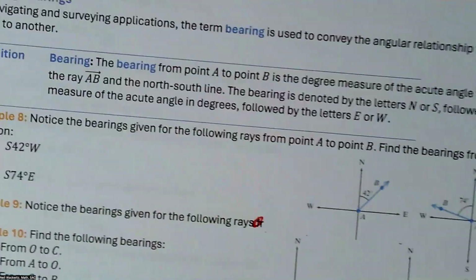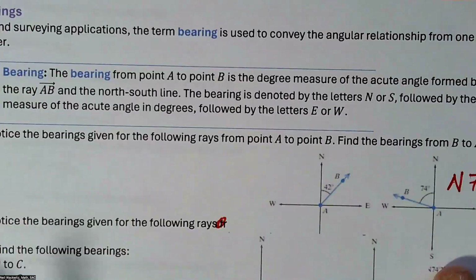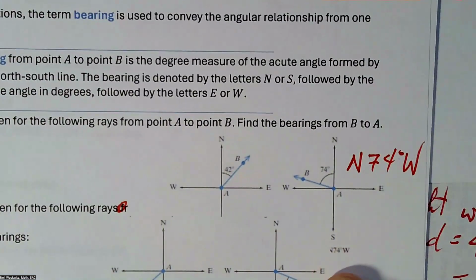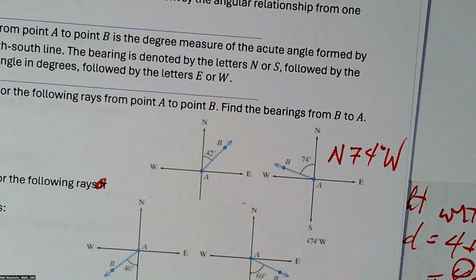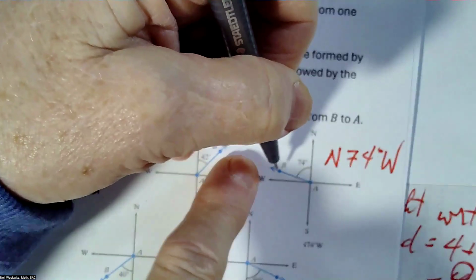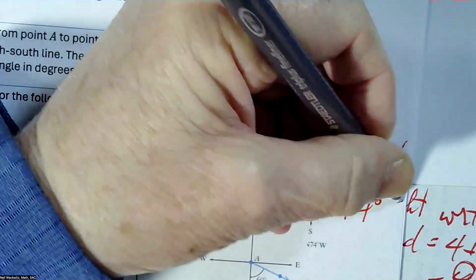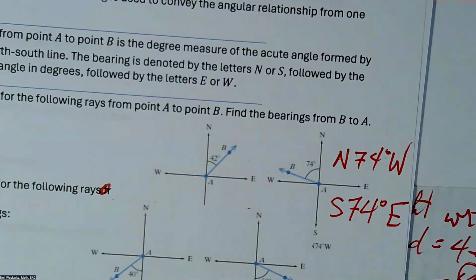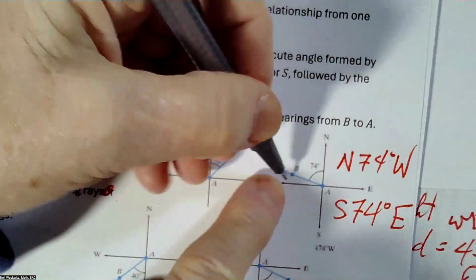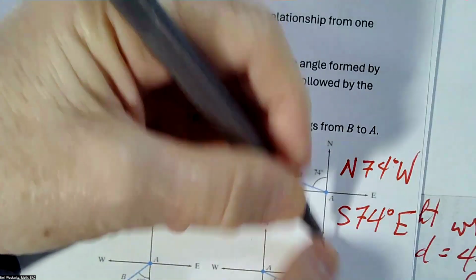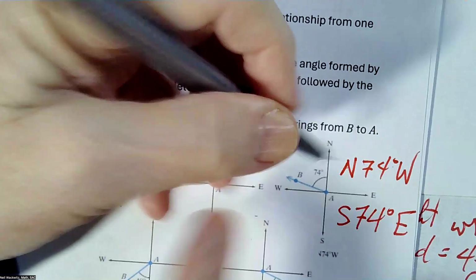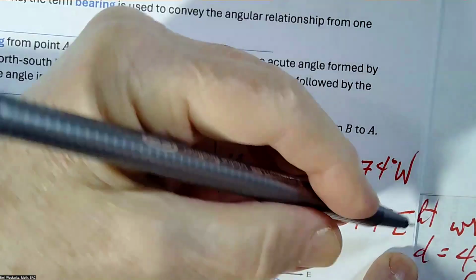We want to find the bearing from B to A. And what's cool is that it's always going to be reversed. The bearing from B to A will be south 74 degrees east. We have to go down to get to A from B, and we go to the right, which is east.